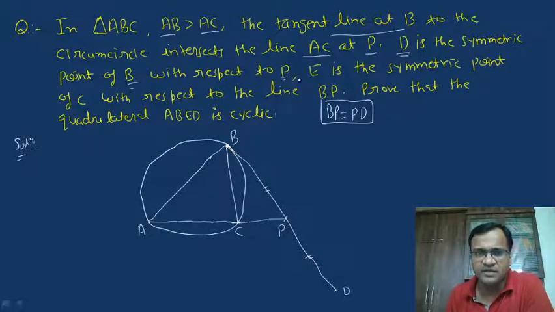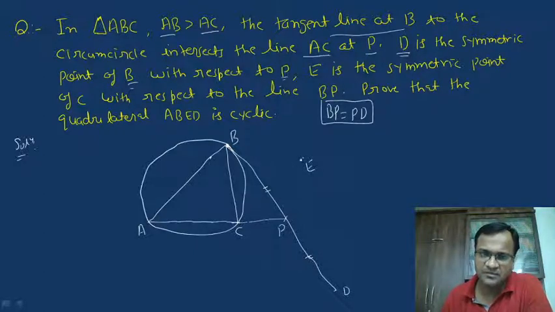Again, they are saying that E is the symmetric point of C with respect to line BP. What does that mean? It is totally different from the previous one, because this is a symmetric point with respect to a line. It means that E is the mirror image of C with respect to line BP.